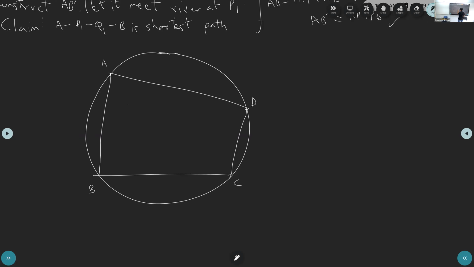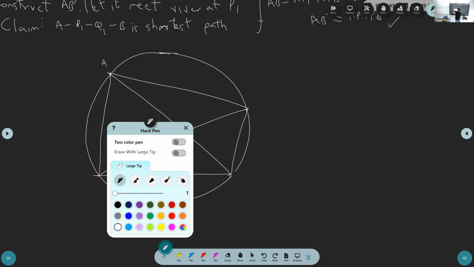And if I even join the diagonals, okay. So let us start with some observations about this diagram. And sorry, let me not label them as A, B, C, D because that is not bringing out the symmetry of the diagram. We should call them maybe A1, A2, A3, A4.